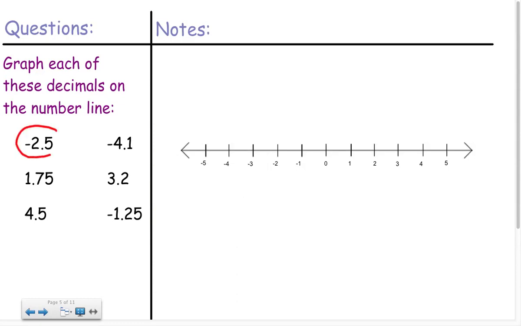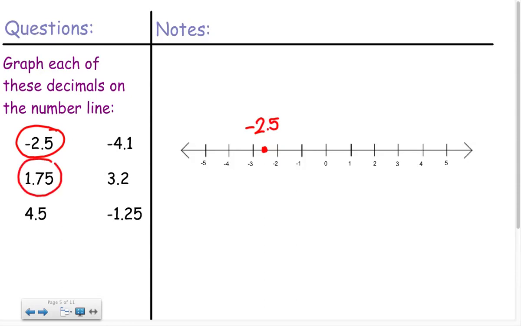So negative 2.5. The tricky thing with negatives is always figuring out, does that go between negative 2 and negative 3, or negative 1 and negative 2? If it's negative 2 point something, it goes in between negative 2 and negative 3. So it'll go to the left of it if it's negative 2 and something more.